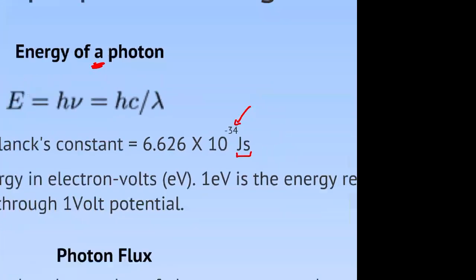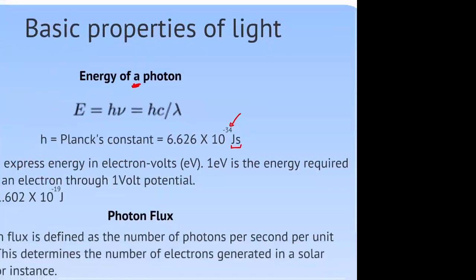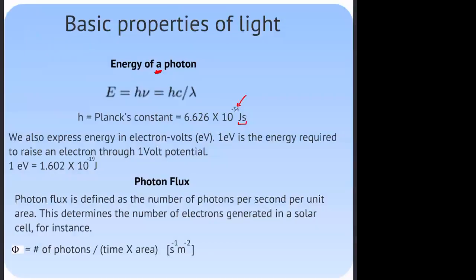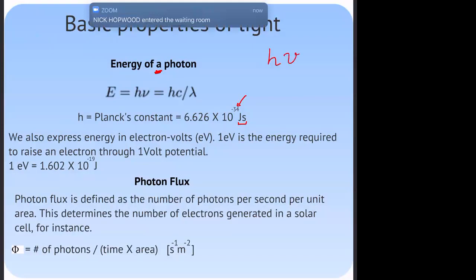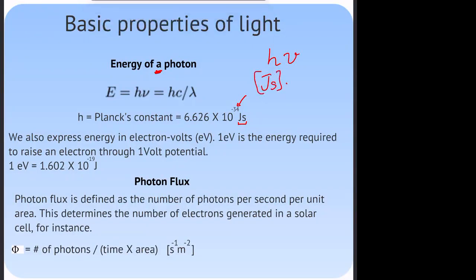A very useful thing to keep in mind is that if I take h multiplied by nu, where h has units of joules times seconds, multiplied by units of seconds, I will end up with joules, which is of course the units of energy. So from a dimensional perspective, you may want to check that your equations are correct.